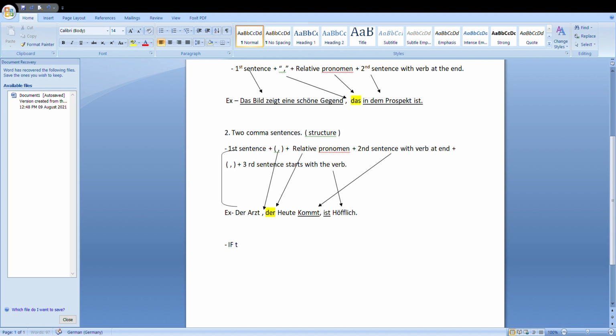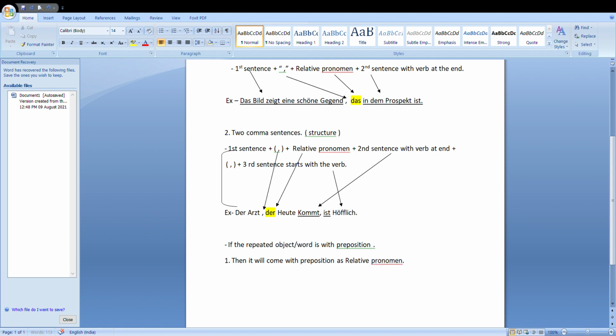If the repeated object or word is with a preposition, then it will come with the preposition as the relative pronomen.